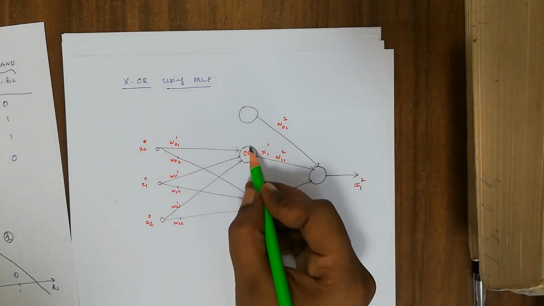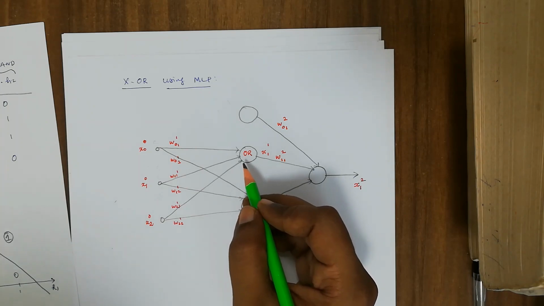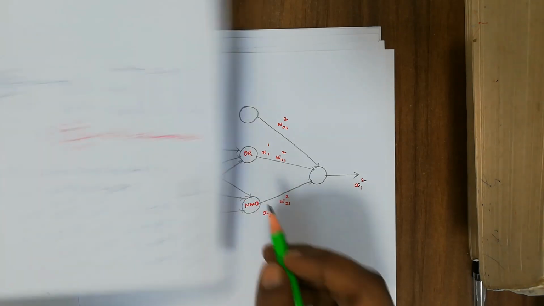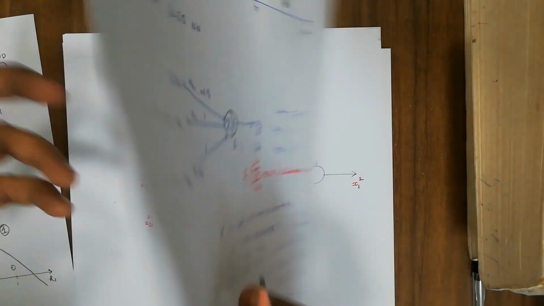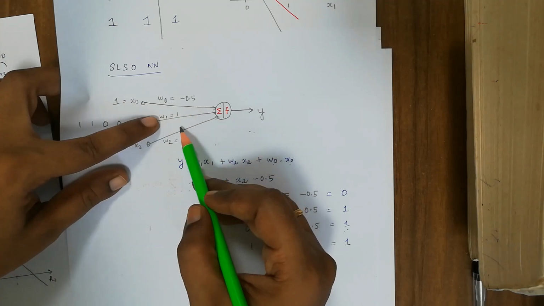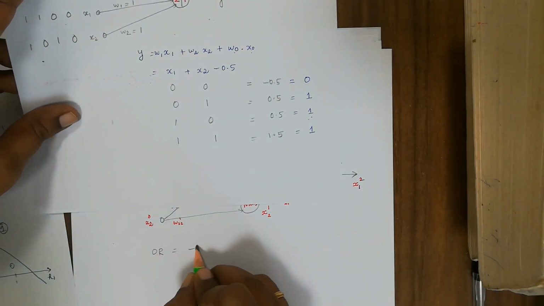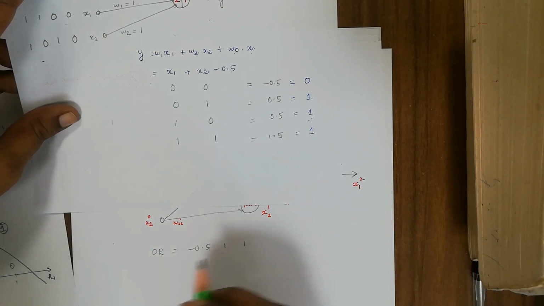Now let us see, from the previous example, the weight vector for the OR gate. Remember that in the OR gate the weight vector that we have used is minus 0.5, 1, 1. So the same we are going to use: minus 0.5, 1, 1.